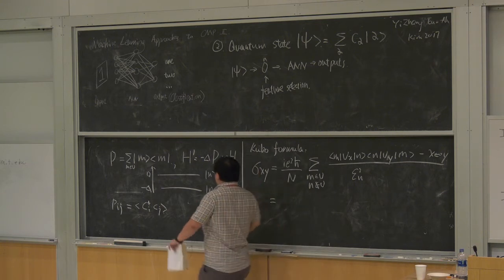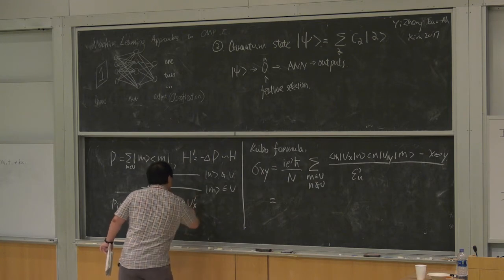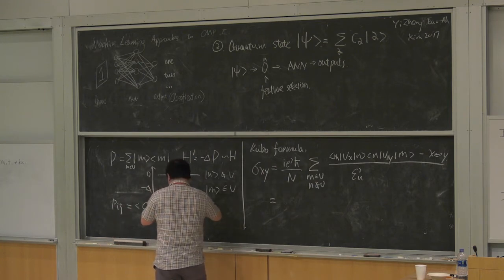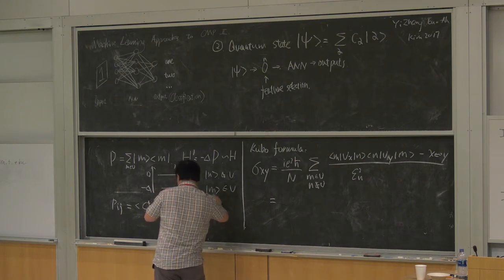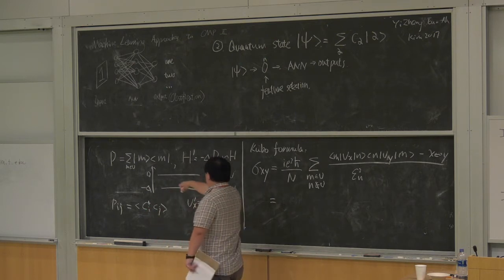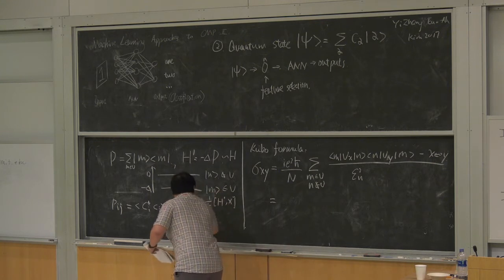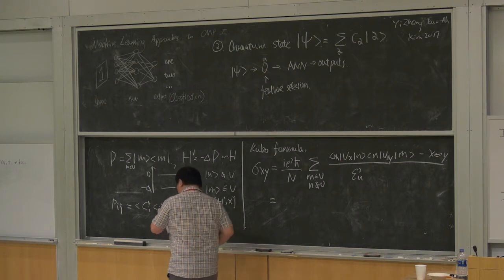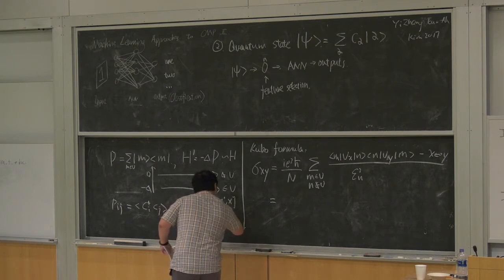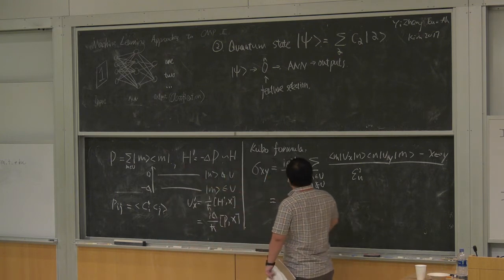So for Vx, for example, Vx prime is the commutator between this effective Hamiltonian h prime and x, and it's just i delta divided by h prime, p x.